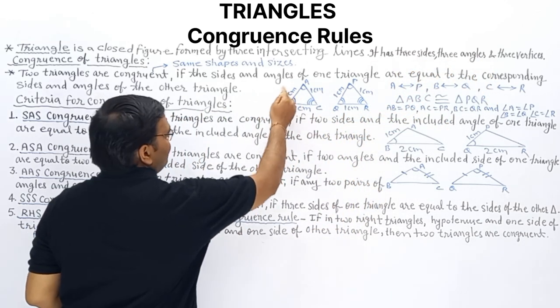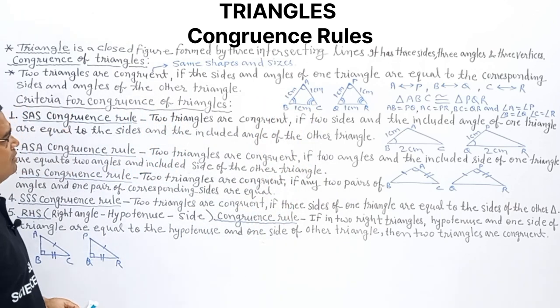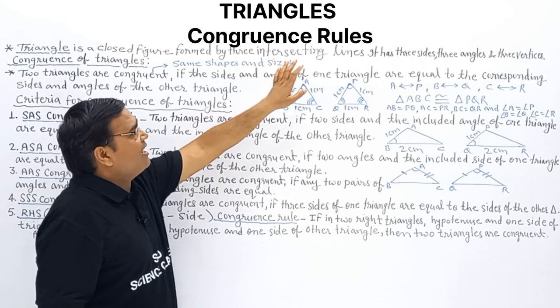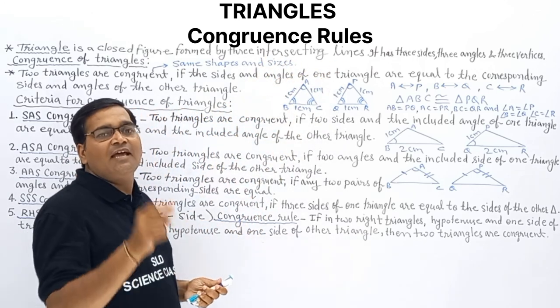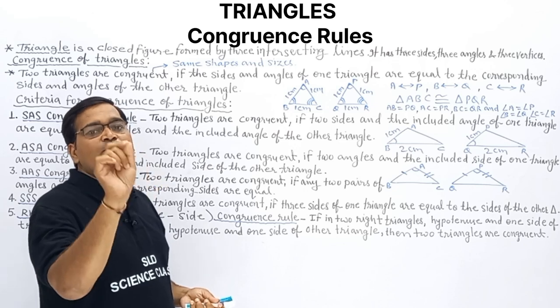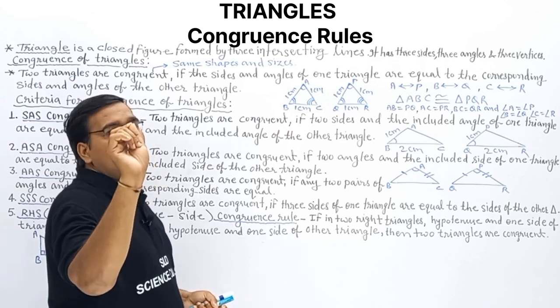Observe, this is a triangle, a closed figure formed by three intersecting lines. Intersecting means the lines are cutting or meeting at one point.